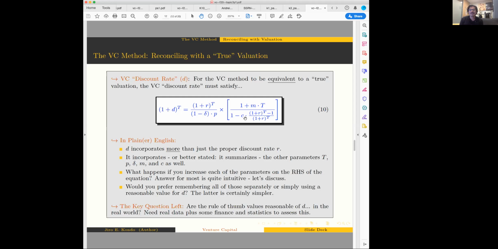But what does that mean? If I find the right database where I'm able to estimate delta and P, notice I know every parameter in this formula except for R. So then I can solve for the R of a Series A investment.